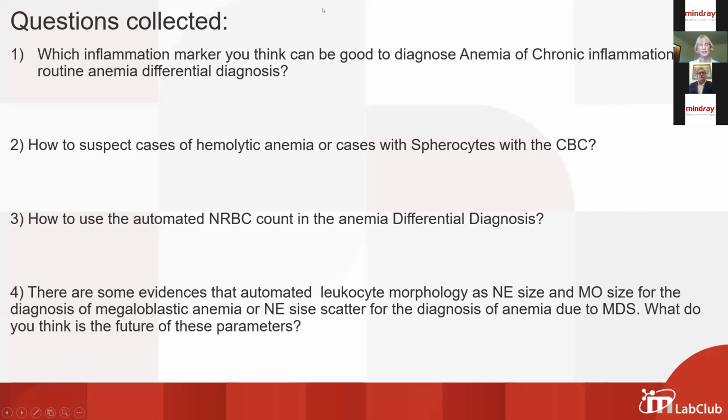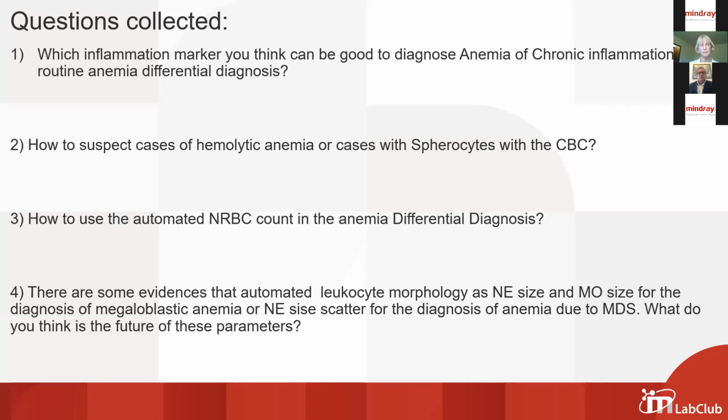The National Chronic Kidney Disease Foundation in the United States has pretty much focused on ferritin as being the best measure. They will use a cutoff of a ferritin of 200 to determine if the patient may benefit from intravenous iron therapy.